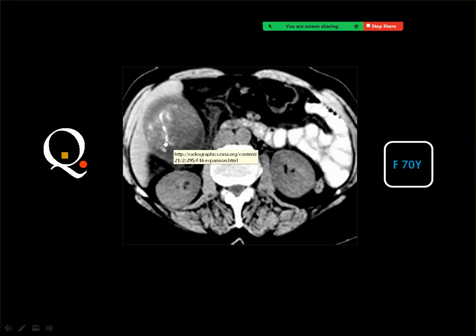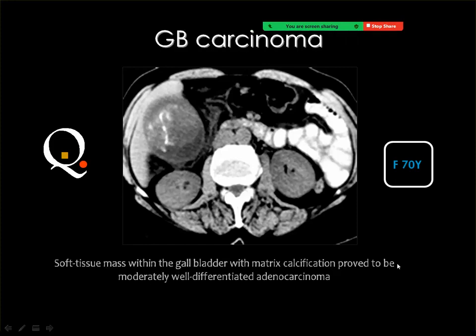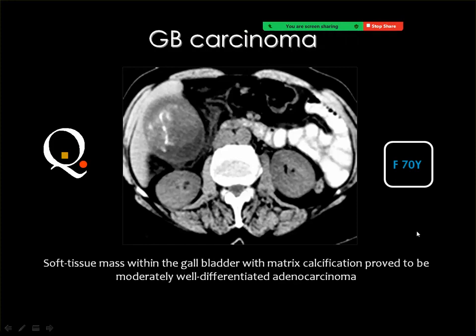And this is, of course, not a calculus, because it's not dependent in the gallbladder, and it's not the size of an ordinary calculus seen in the gallbladder. So the answer is gallbladder carcinoma.